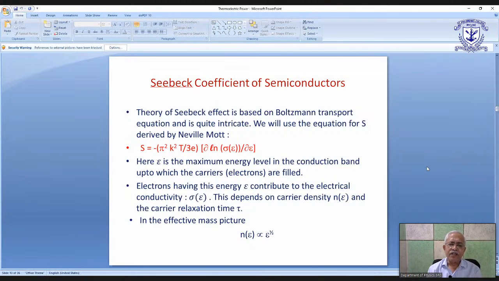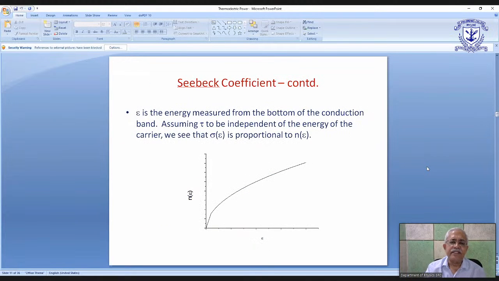Now in the theory of solids, you can show that in the effective mass picture, or adopting the concept of effective mass, this carrier density is seen to be proportional to the square root of the energy. So if we see this, here is a graph with which you would be familiar.